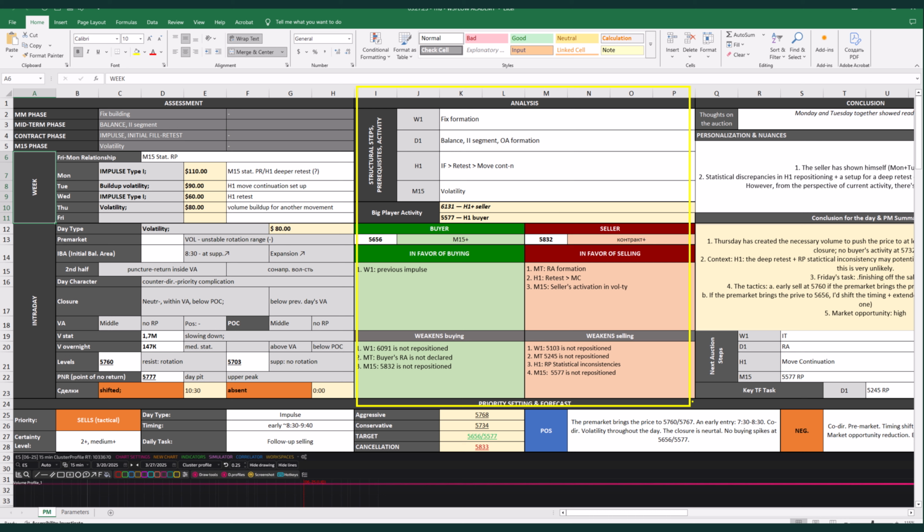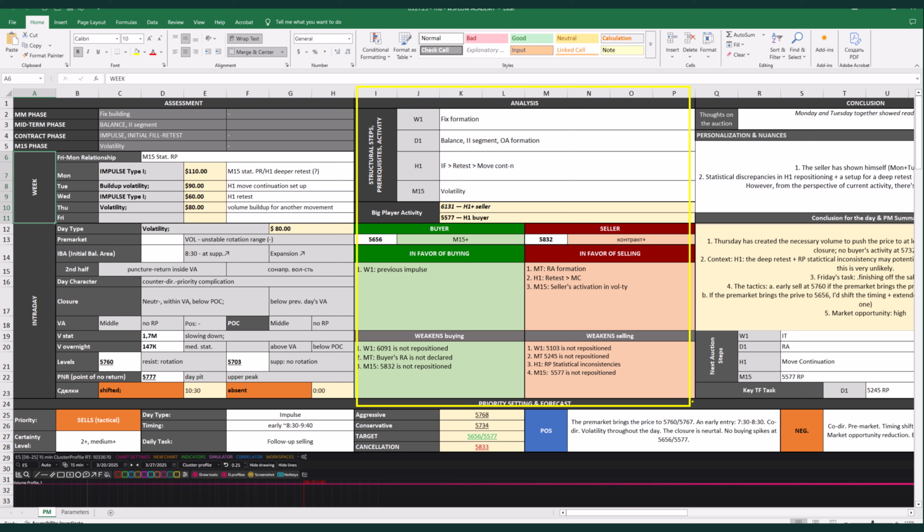Then we look at the big players, trying to find out what they're doing. We evaluate the whole market structure and determine who is strong right now, the buyer or the seller, to know who to follow exactly. This aligns with our second W. Who? We identify the power.